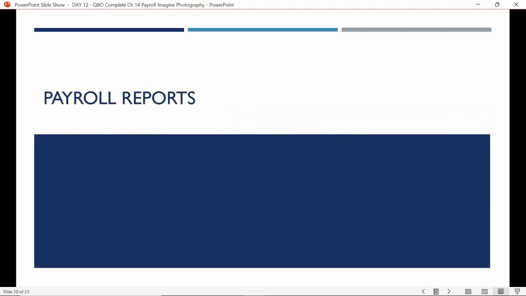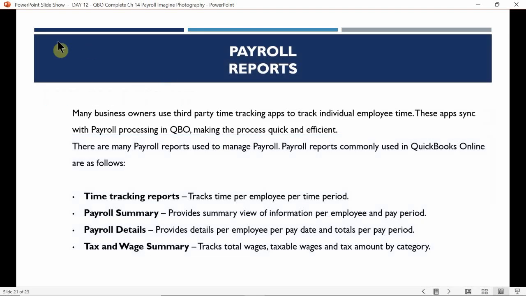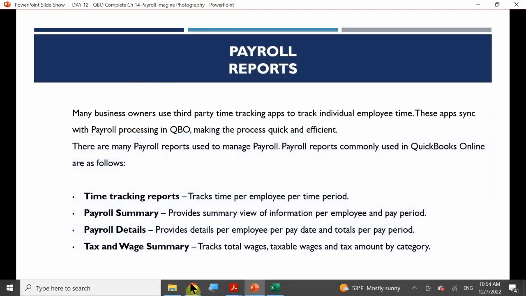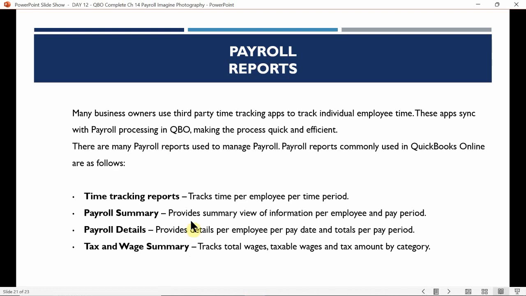Last section of the day is to look at payroll reports. So again, if you go ahead and go to your reports section, you will see that there are only a few things that you can do.